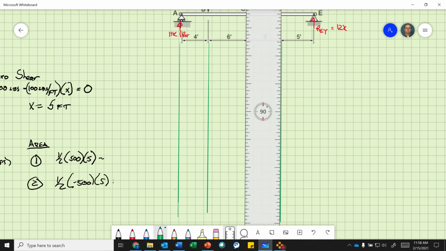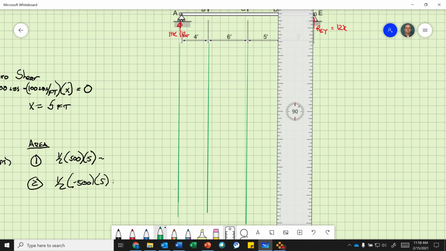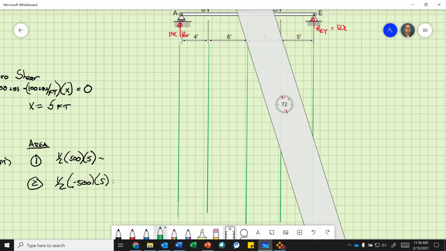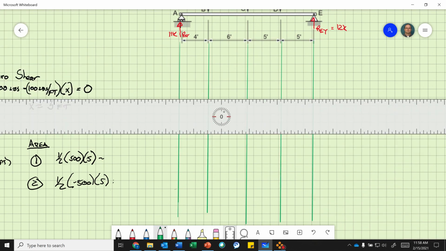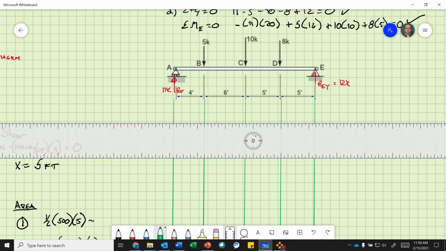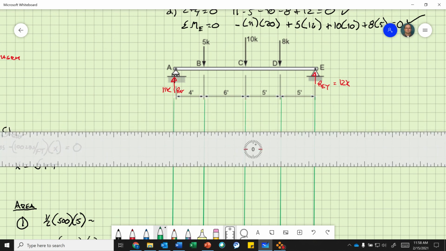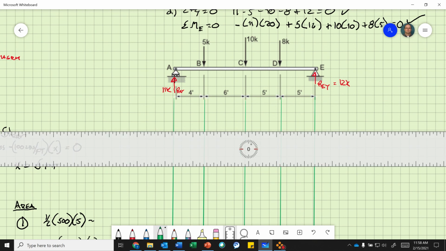Okay. All right. Okay, now I can draw. I'm going to move this down so we can see. Draw my shear 0 point.